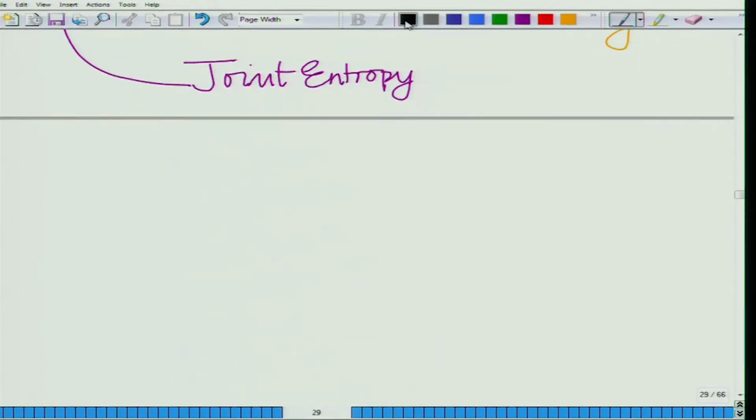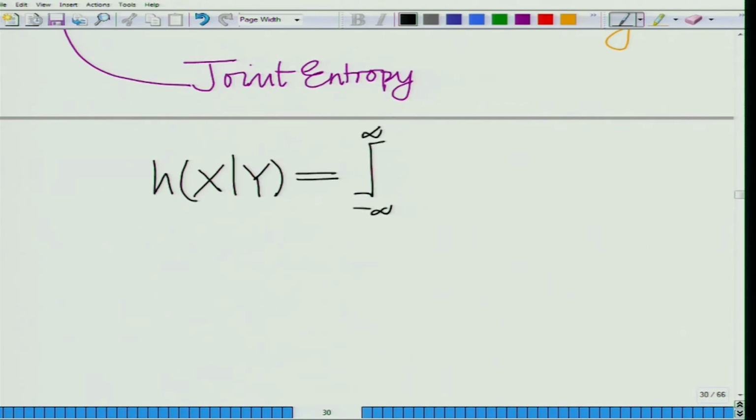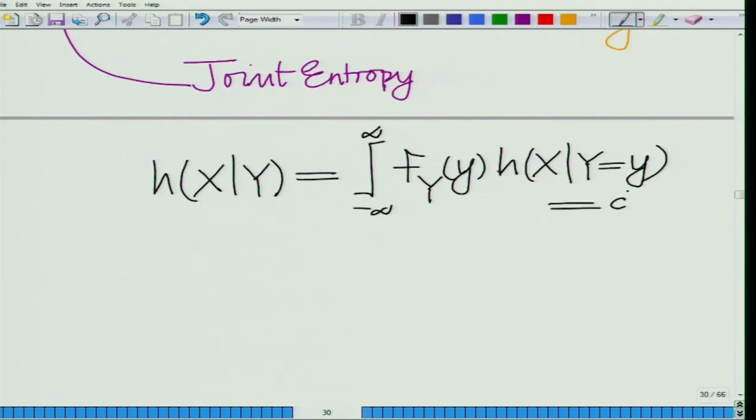Now, similarly one can define the conditional entropy for continuous sources, that is h of x given y. Remember, you take the marginal probability density function of y and then average the conditional entropy of x given y equal to y, times dy.